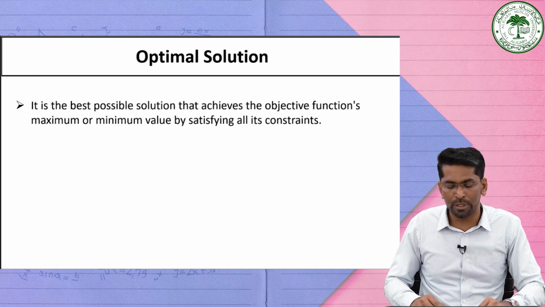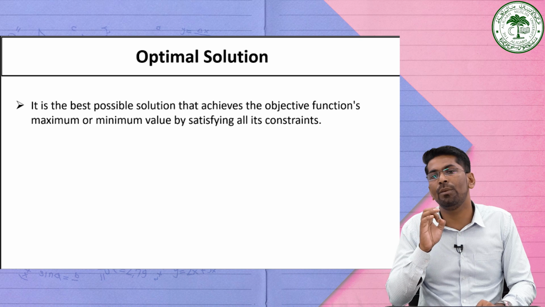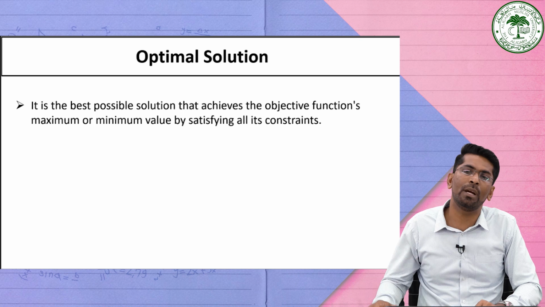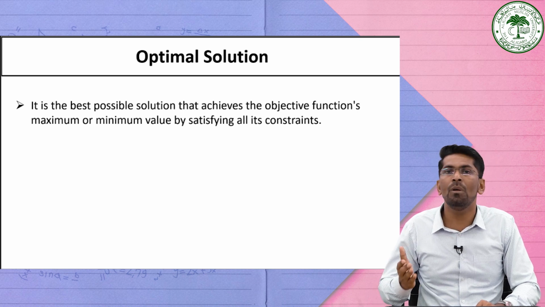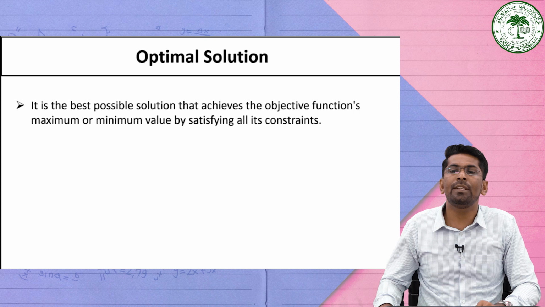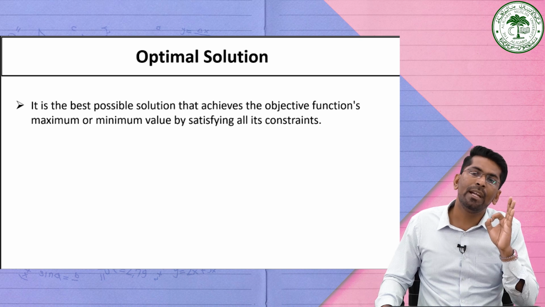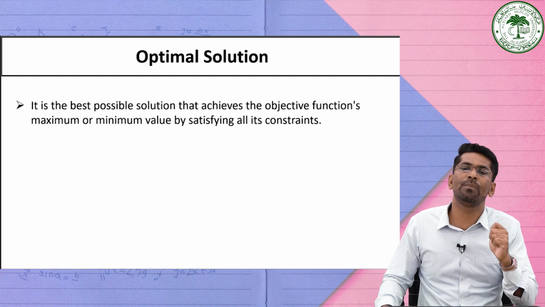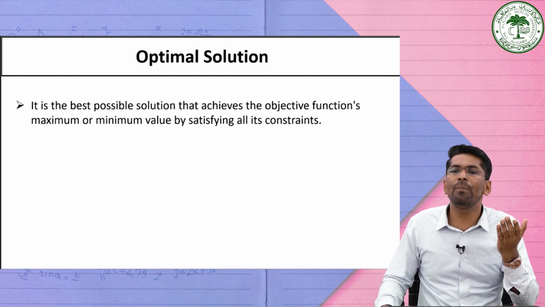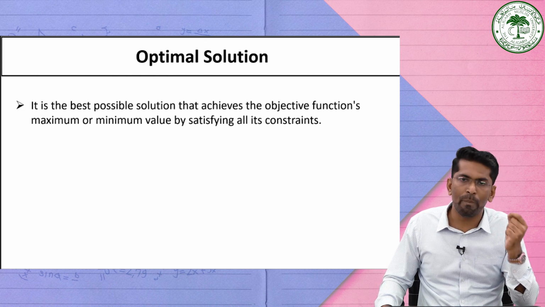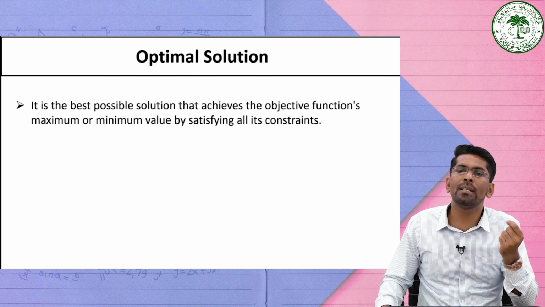The optimal solution is nothing but the best possible solution that achieves the objective function, that may be the maximization or minimum value, that satisfies all the constraints. So it is the solution for the optimization performance measure defined by the objective function. It is the best among all feasible solutions. The nature of the optimal solution depends entirely upon whether the objective function you want to maximize or minimize certain performance measures.